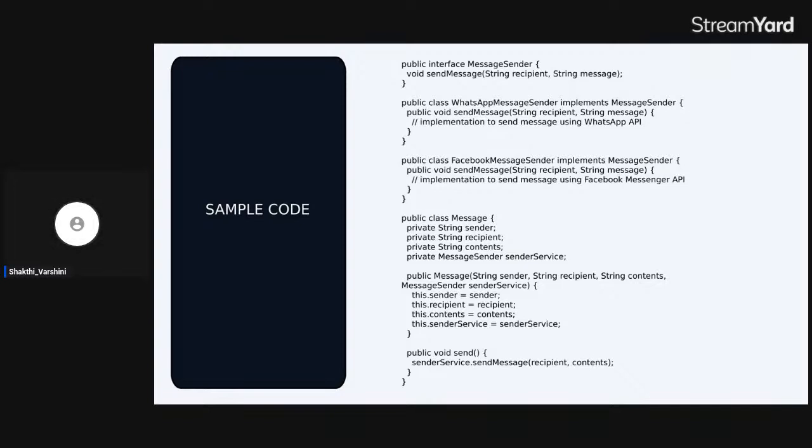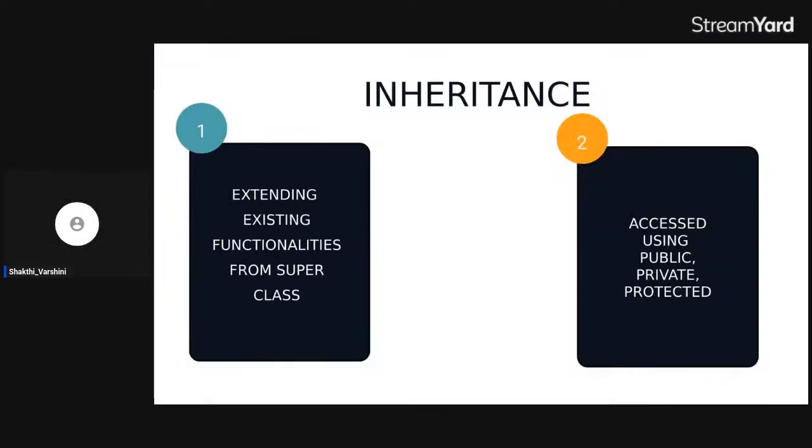Okay, the next thing is inheritance. What I've already said, right? It is extending the properties from a superclass. So you will have a subclass, and what you're doing is just inheriting the properties, and adding some more actions, some more benefits, to the properties which already exist.